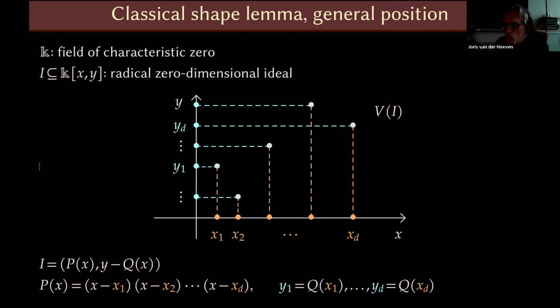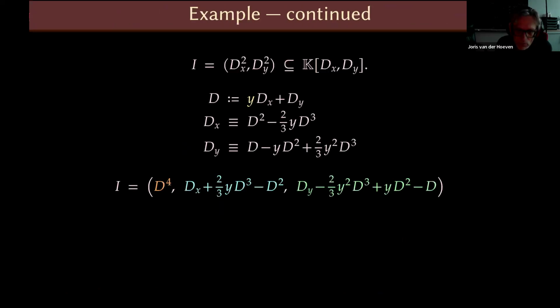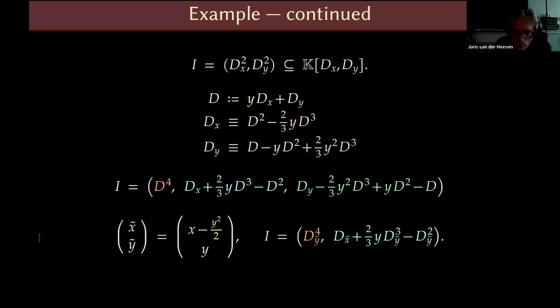So let me go back to this other thing. Indeed, if you can factor the kind of operator that we see here, it means that you will be able to factor the ideal I as well.